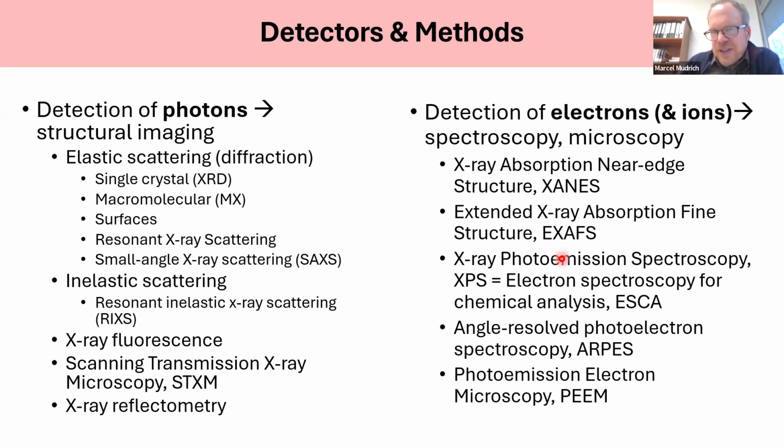This is about the fine structure. We can just measure the energy of photo-emitted electrons, which is the topic of XPS, X-ray photoelectron spectroscopy, and that's actually synonymous with ESCA. ESCA stands for electron spectroscopy for chemical analysis, same thing.